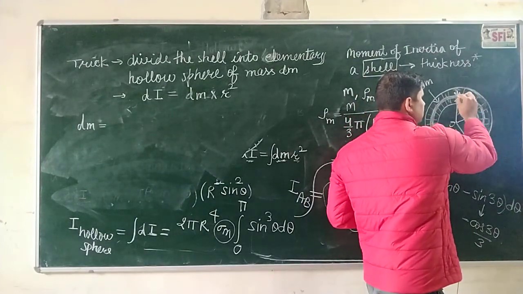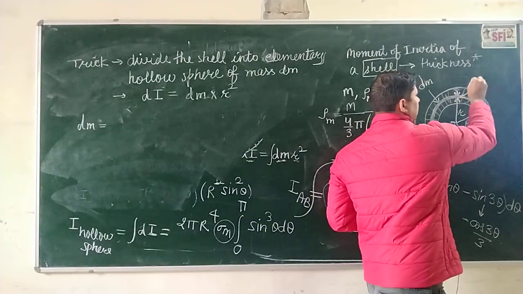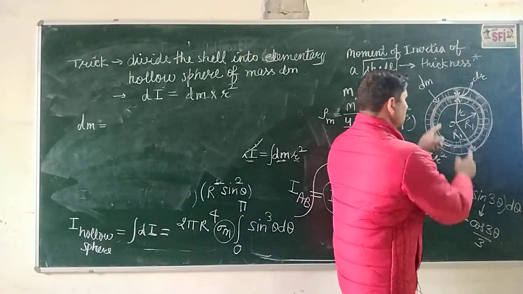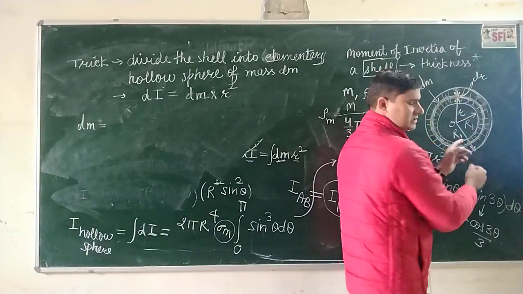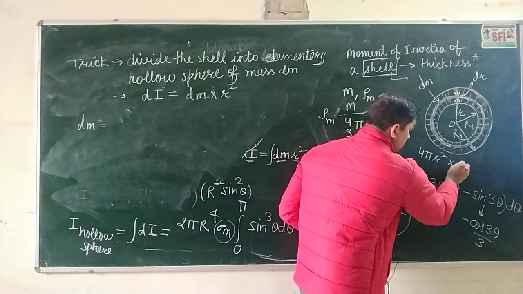Let this thickness be dr. So here I have taken this thickness dr. You are to multiply the curved surface area with dr thickness, then you will get the volume.